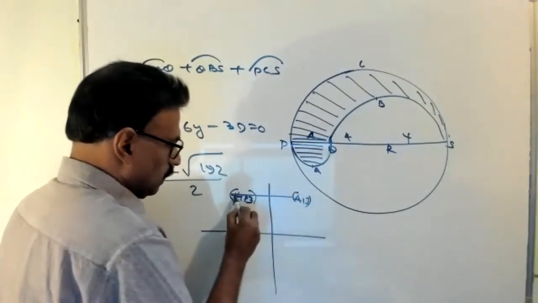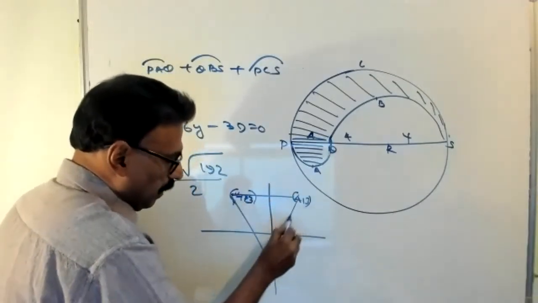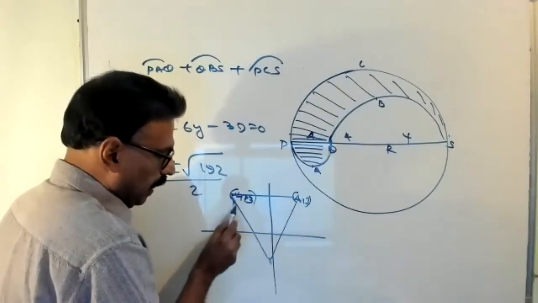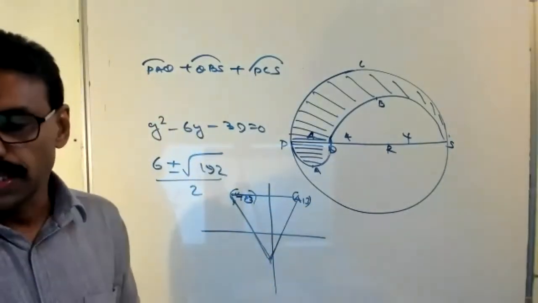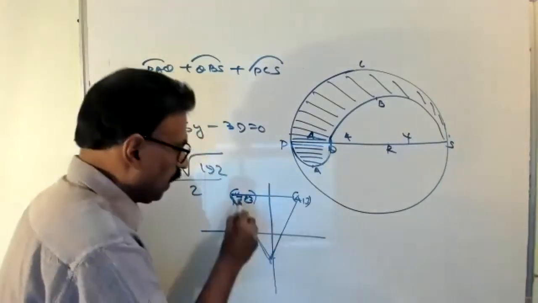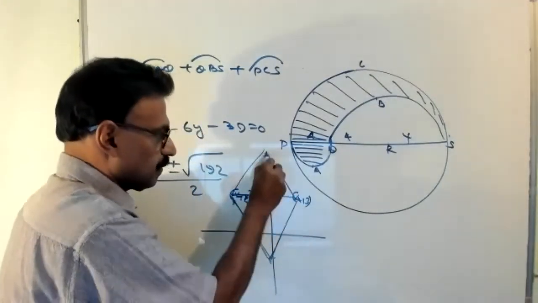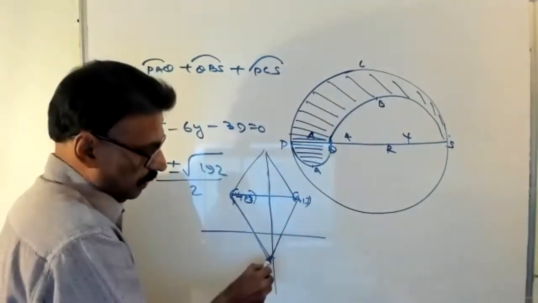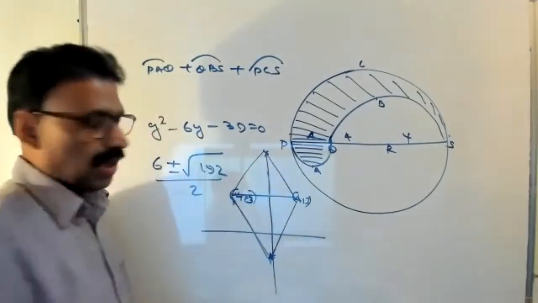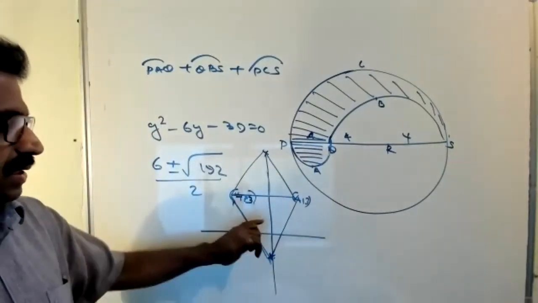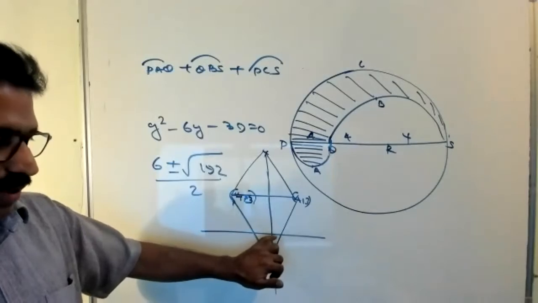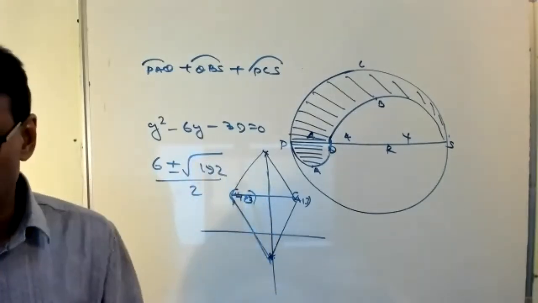So the triangle can be this way, and also you got x equal to 0. That means it can be here or here. But the question is saying the vertex is in the interior part of the triangle.